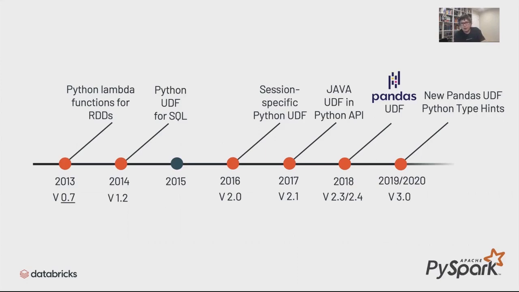Then in 2014, users could register Python UDFs for Spark SQL. Starting from Spark 2.0, Python UDF registration became session-based. And the next year, users could register and use Java UDFs in the Python API. And in 2018, we introduced Pandas UDF.